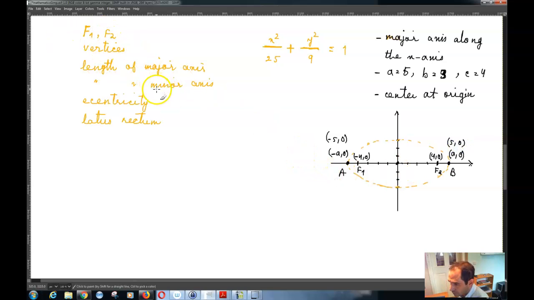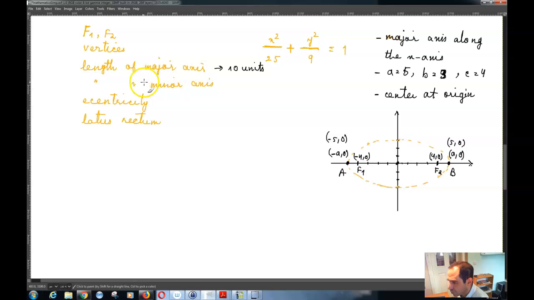So these are the vertices. Now the length of the major axis is of course 10 units, because this vertex is at distance 5 from the center, and this vertex is at distance 5 from the center. 5 plus 5 is equal to 10 units.